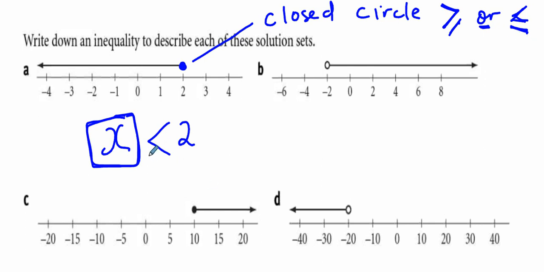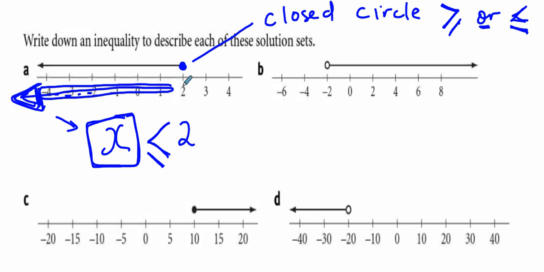So in our case here, the inequality will be X, where X stands for any number, is less than or equal to 2. Can you see that? X stands for all numbers which are less than or equal to 2, all these numbers from here, going to the left-hand side.